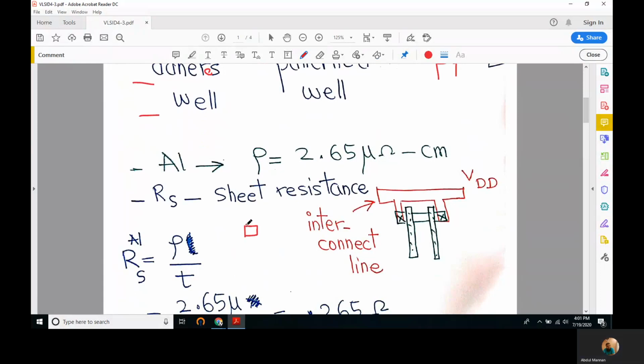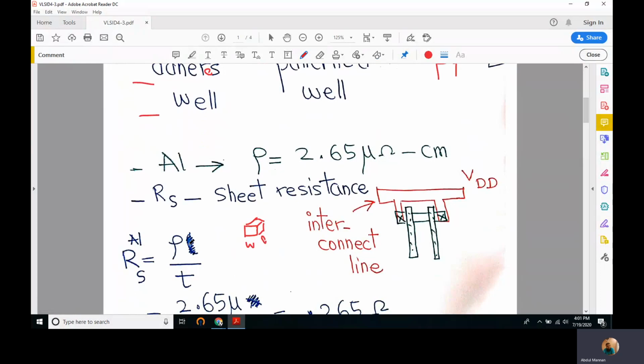So if we have a sheet whose length is the same as its width, this small cube has a resistance equal to the sheet resistance.